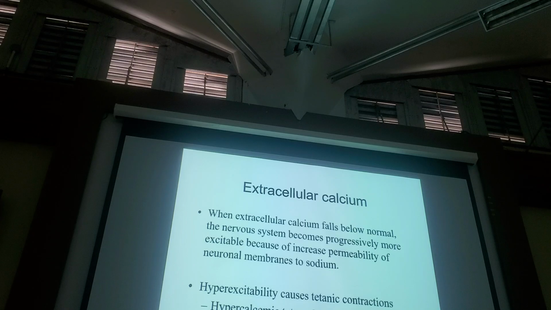And it is that rapid influx of sodium relative to the decrease in calcium that leads to the increased muscle contraction.